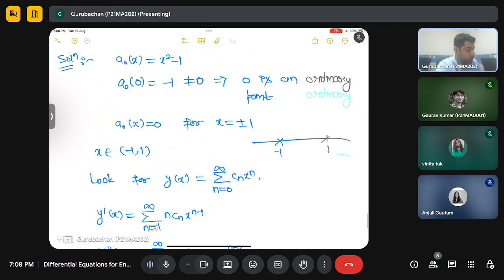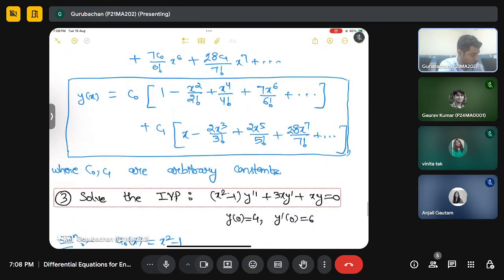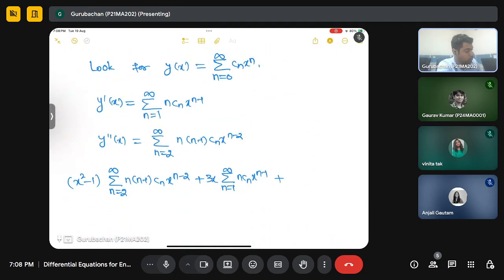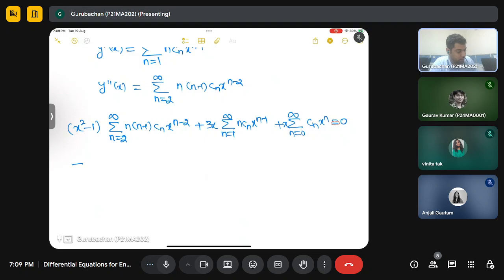So from here, it was x times y. So this will give you plus the sum n 0 to infinity cn x to the power n equal to 0. So from here we will get the sum n 2 to infinity n into n minus 1 cn x to the power n, minus the sum n 2 to infinity n into n minus 1 cn x to the power n minus 2.